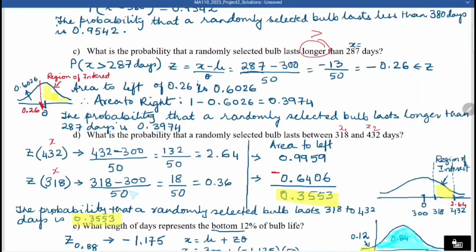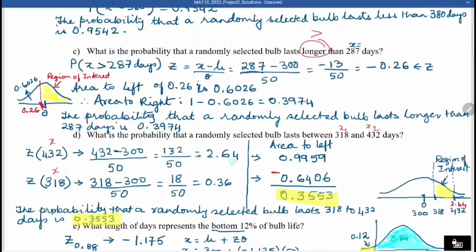Again, we use the formula to find the z value. Make sure you plug in the values correctly. For 432, it's x minus mu, so 432 minus 300 divided by the standard deviation, which is 50.